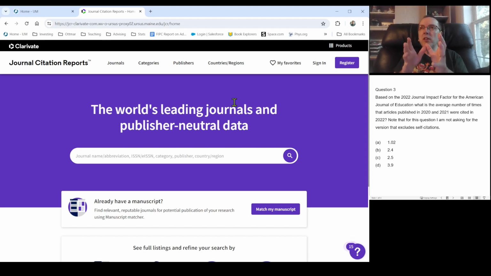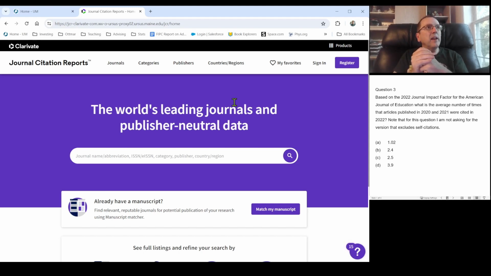Is this a journal that is having a lot of impact? There are different ways to measure impact, and some ways that JCR doesn't touch on. But particularly, it looks at types of impact that we see reflected in citations.